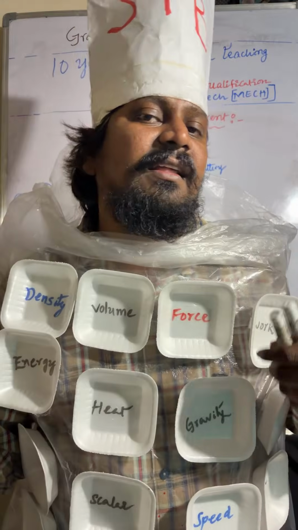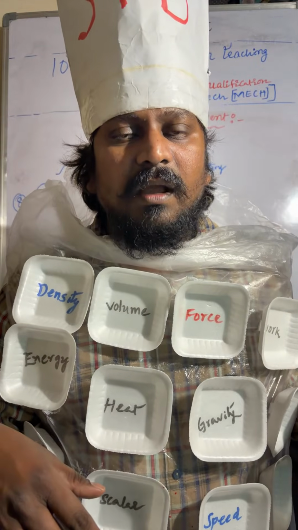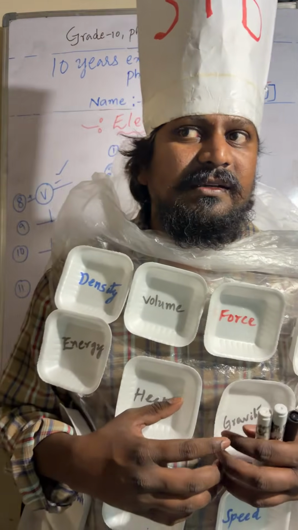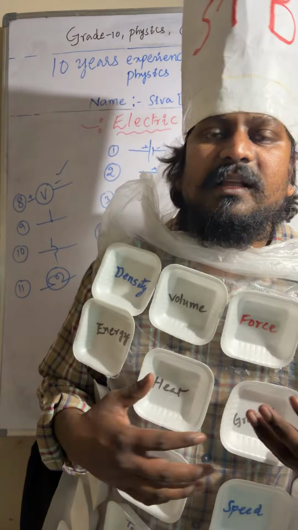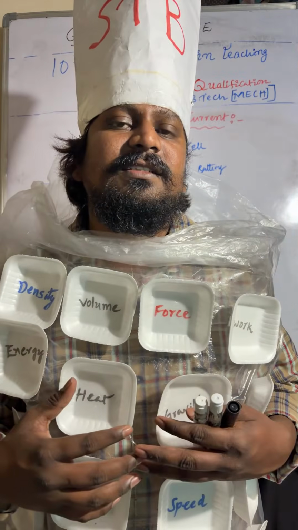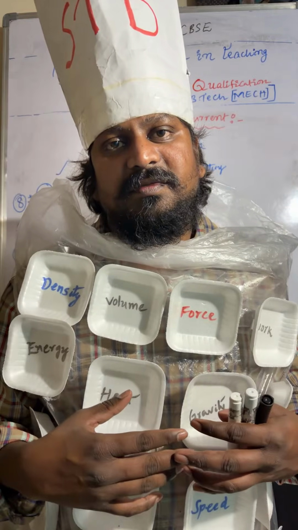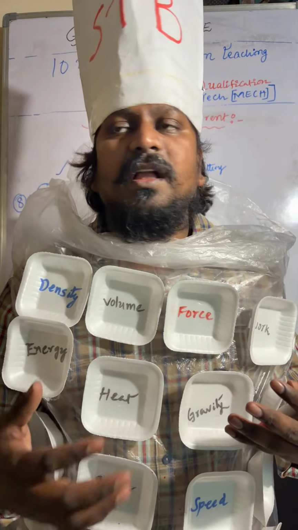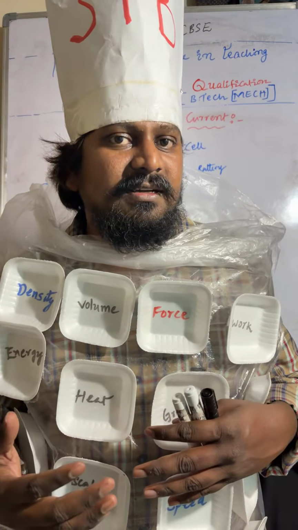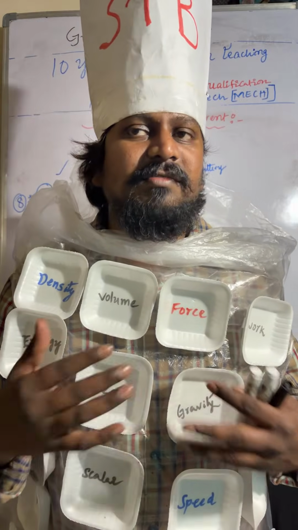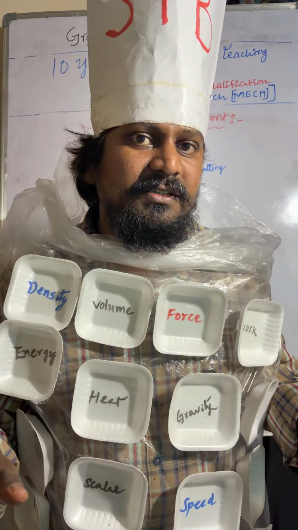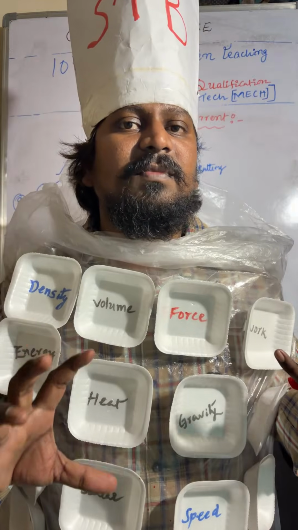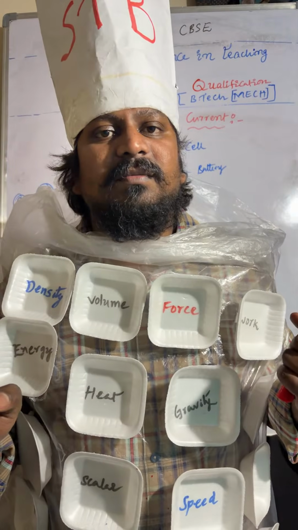Ammeter will be connected in series combination. Okay, so coming to voltmeter. What is the purpose of voltmeter? The purpose of the voltmeter is to measure potential difference. How will it be connected in the circuit? It will be connected in parallel combination.